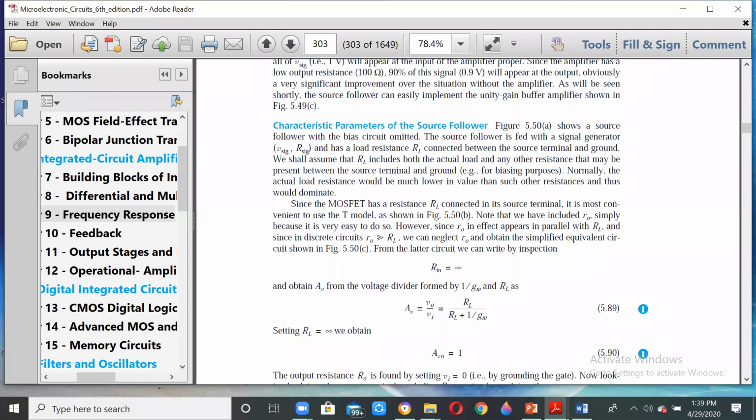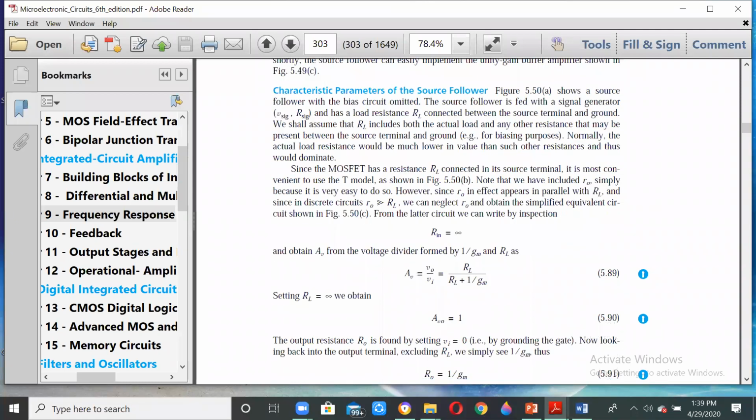So we need to derive the relationship. Rin is infinity. Av is RL by RL plus 1 by gm. This is what is to be derived. Avo is equal to 1 because at that time, RL is considered infinite. Therefore, we need to divide numerator and denominator by RL.